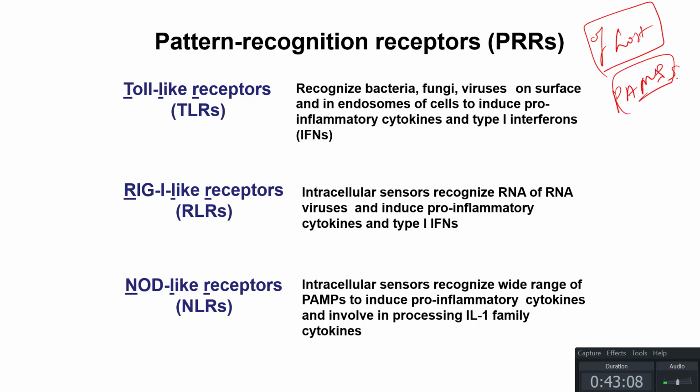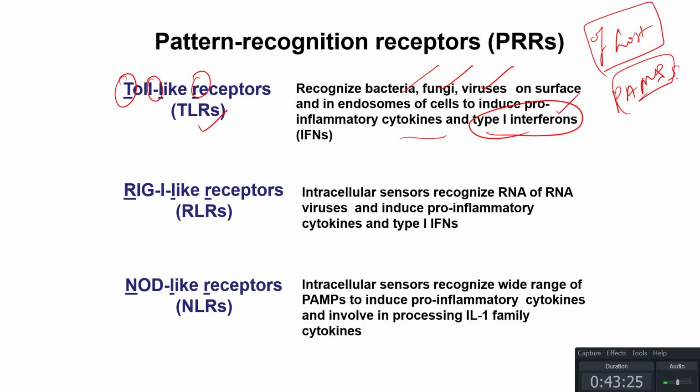In our human body, there is something called TLR, that is Toll-like receptors, which recognize bacteria, fungi, and viruses on the surface and endosomes of cells to induce pro-inflammatory cytokines and type 1 interferons.